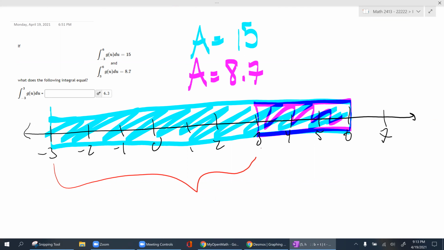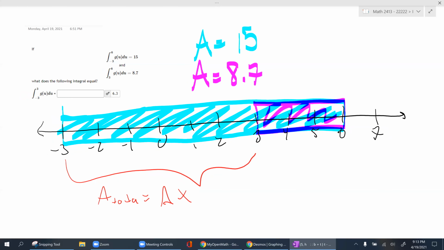I want you to think about that for a minute. If the entire piece is 15, and that other little part is 8.7, what is the area of the other part? You'd say it is the total area minus the difference in areas.